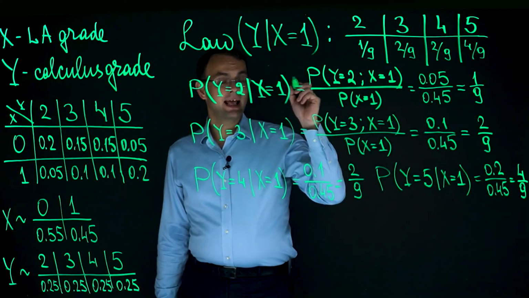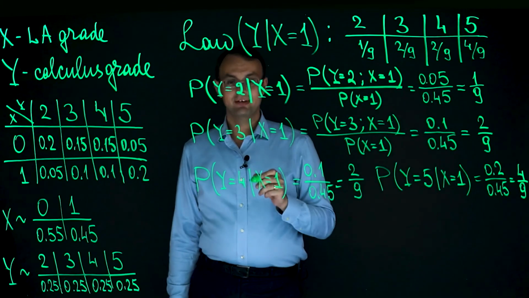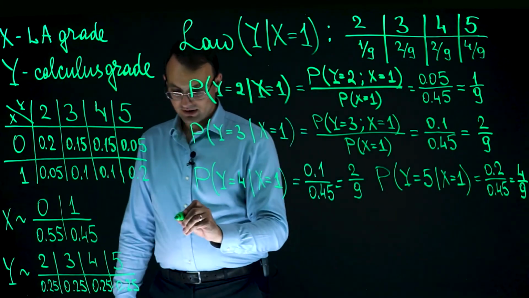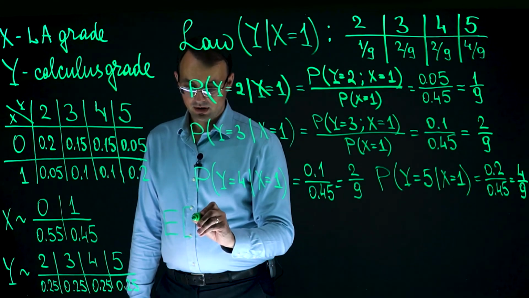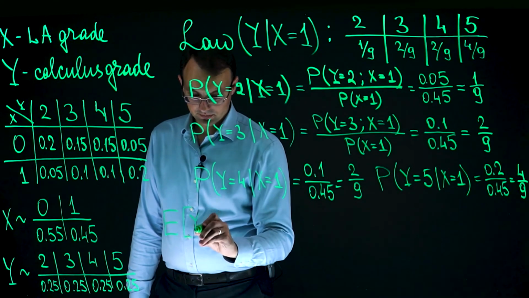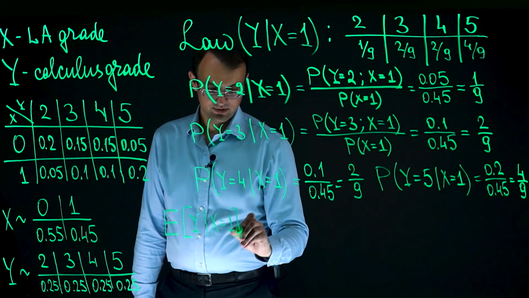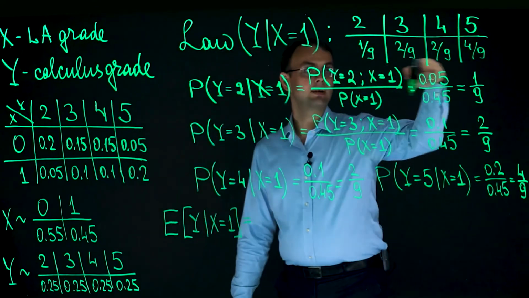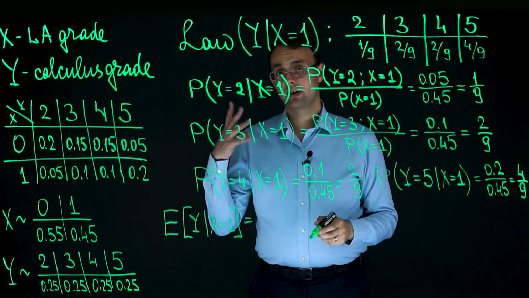Then when we have already got a conditional distribution, we can find a conditional expected value. So the expected value of y given x is 1 is, according to this table, calculated according to the general formula.